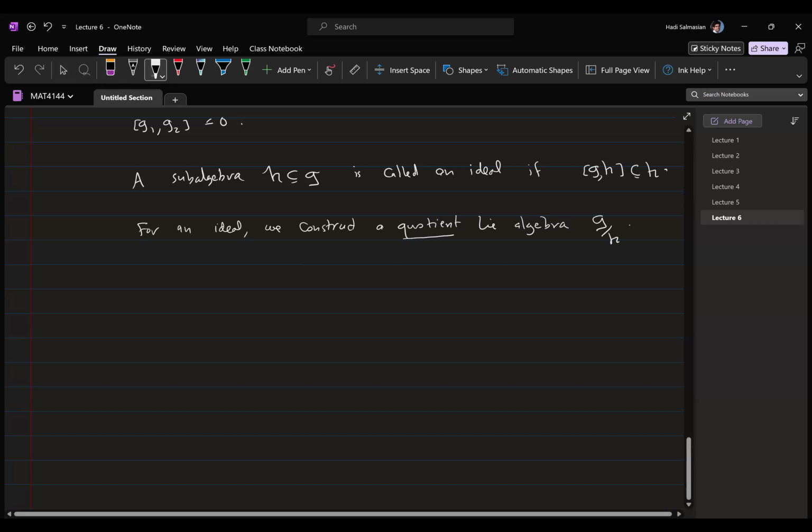For those who know how to construct a quotient, you can construct the quotient of this guy too. And if you don't know what the quotient is, don't worry about it. We basically don't need it.